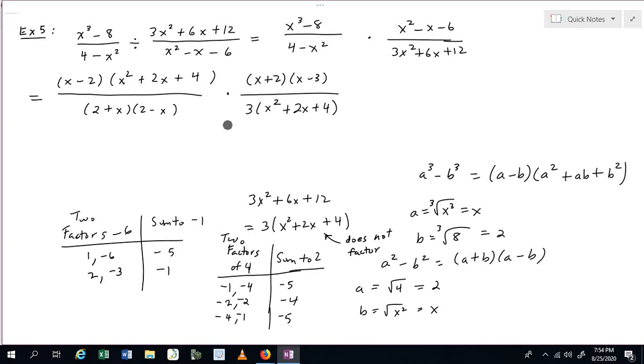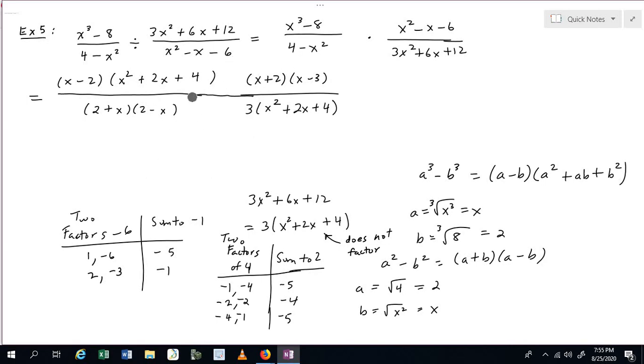This right now is the same as that. The reason I prefer you write it like this is because there's only one division sign, so there's a whole group of things on top and a whole group of things on the bottom.